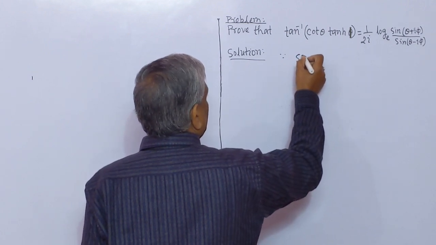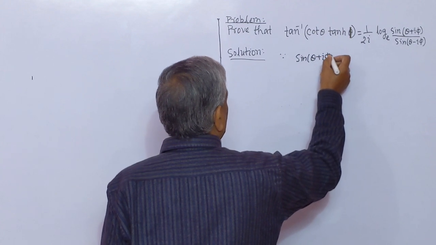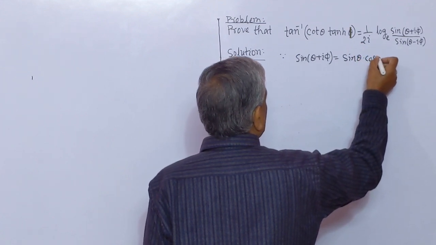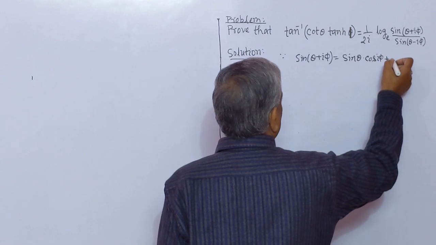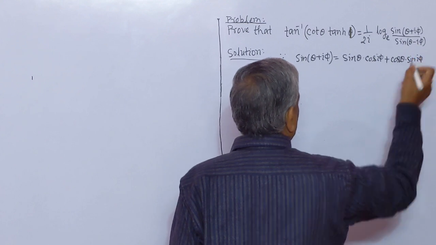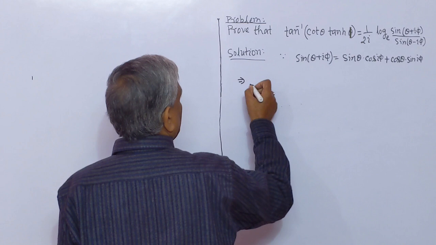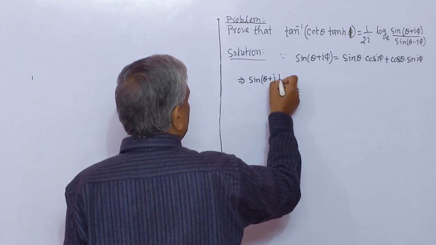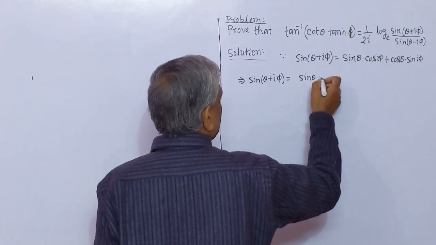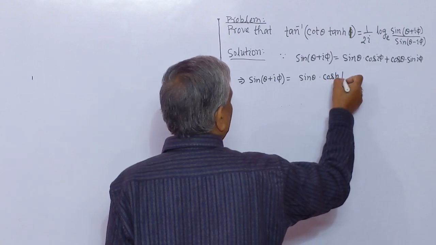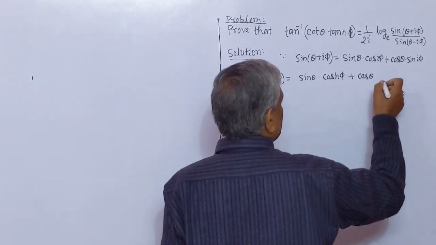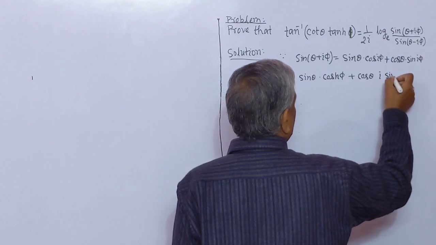Since sin(θ + iφ), using sin(A + B) = sin A cos B + cos A sin B, equals sin θ cos(iφ) + cos θ sin(iφ). This implies that sin(θ + iφ) equals sin θ cos(iφ), meaning cosh φ, plus cos θ sin(iφ), meaning i sinh φ.